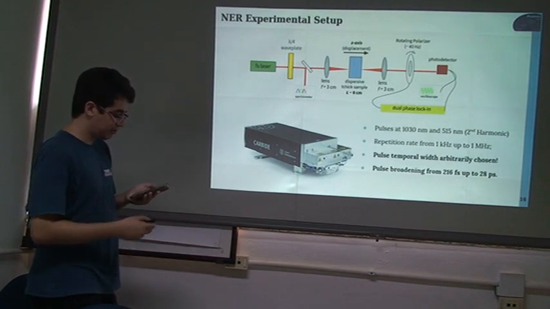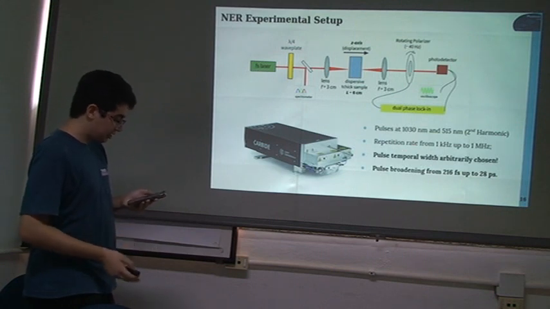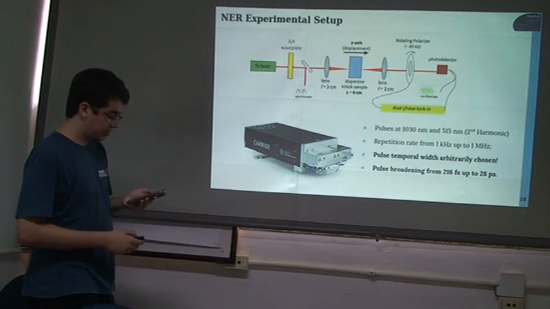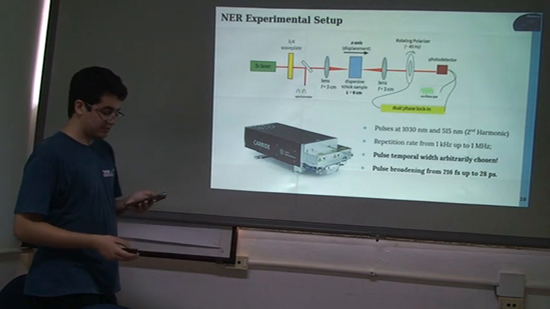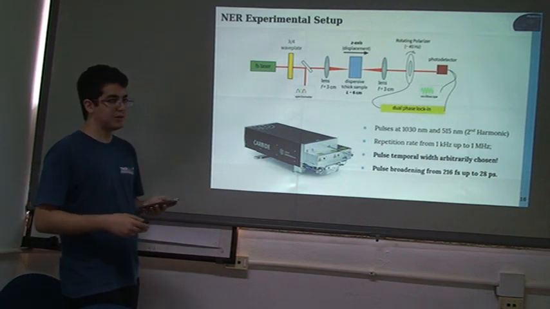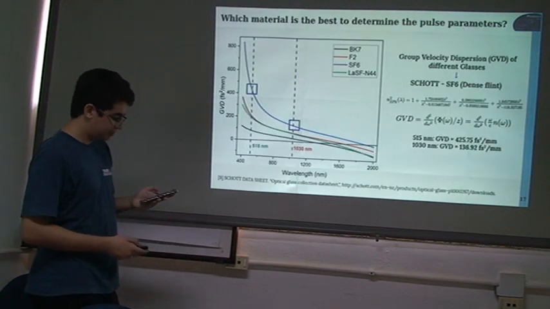The pulse temporal width can be arbitrarily chosen by a pulse compressor, resulting in values from 216 femtoseconds up to 28 picoseconds. For the second harmonic, these values tend to be lower, approximately square root of 2 lower, so we need to take this into account also.